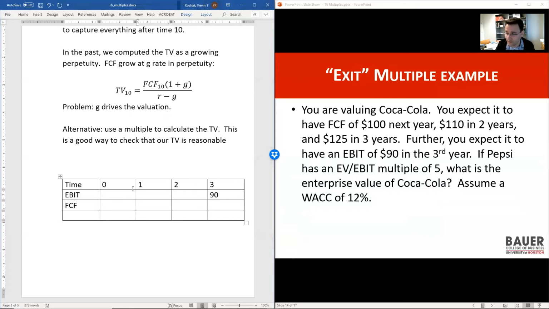We know that the free cash flows are going to be 100 in a year, 110 in 2 years, and 125 in 3 years. We're going to need to get a terminal value. To calculate the enterprise value, we have to discount all these free cash flows, but we only have the free cash flows up to year 3. So we need to have some other number to capture the terminal value, to capture the value of everything after time 3.